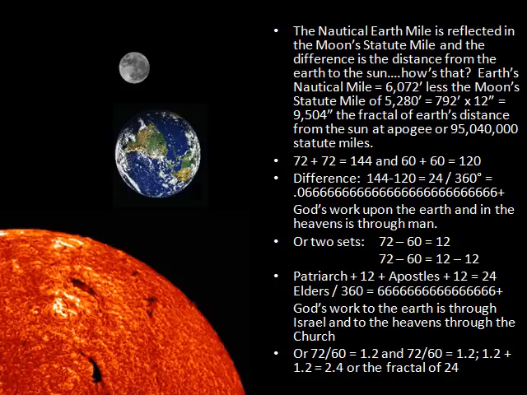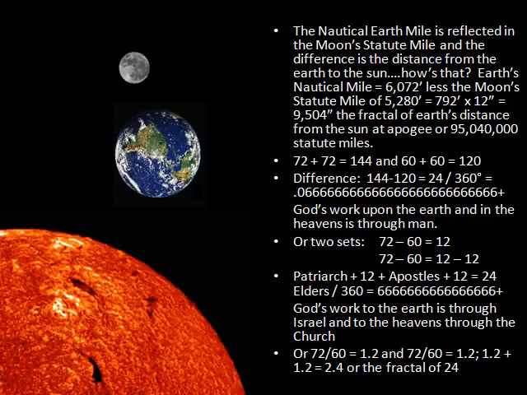Earth's nautical mile is equal to 6,072 linear feet less the moon's statute mile of 5,280 linear feet, which will equal 792 linear feet, times 12 inches is equal to 9,504 linear inches, which is a fractal of the Earth's distance from the Sun at apogee, or 95,040,000 statute miles, the distance between the Earth and the Sun at its apogee, its furthest distance.